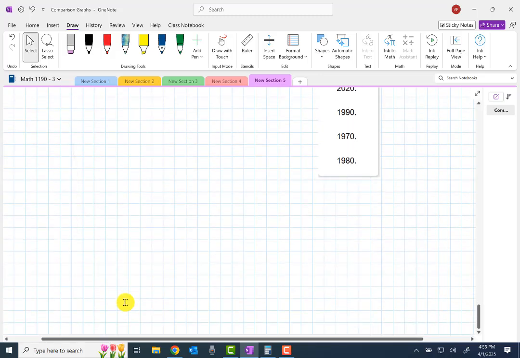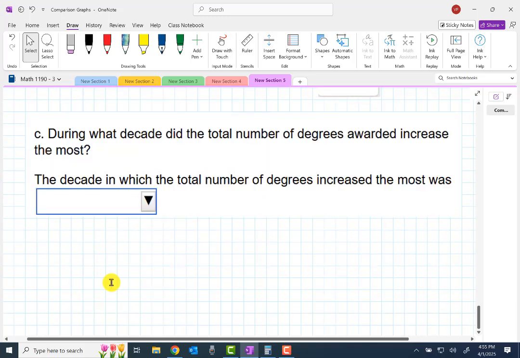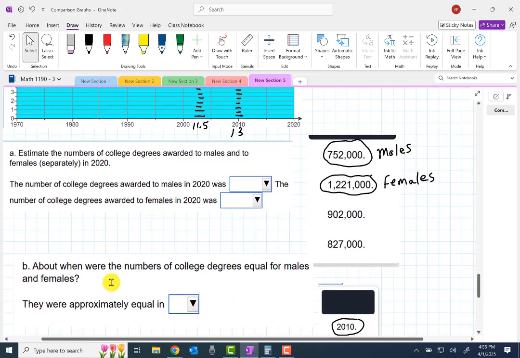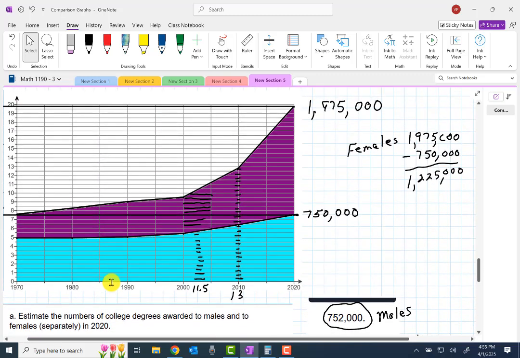Let me scroll up to uncover the next question about this graph. During which decade did the total number of degrees awarded increase the most? So if I'm looking for the total number of degrees, I'm talking about male and female together. So let me scroll back up here. What decade did degree getting increase the most? And that's very easy to see on the graph.